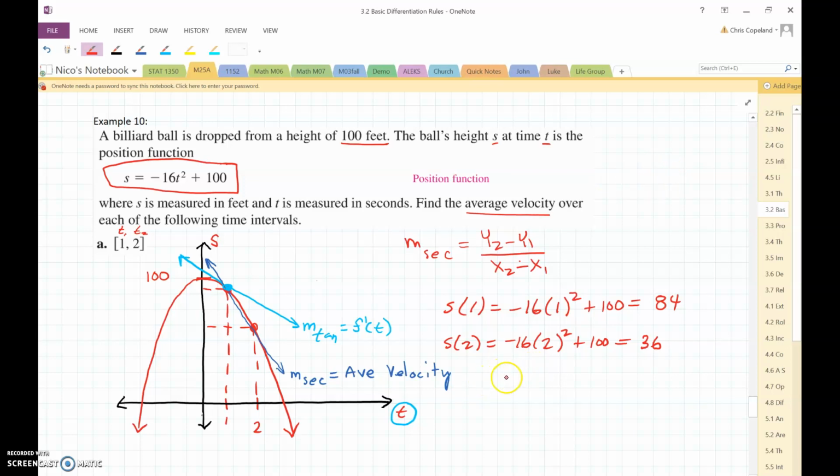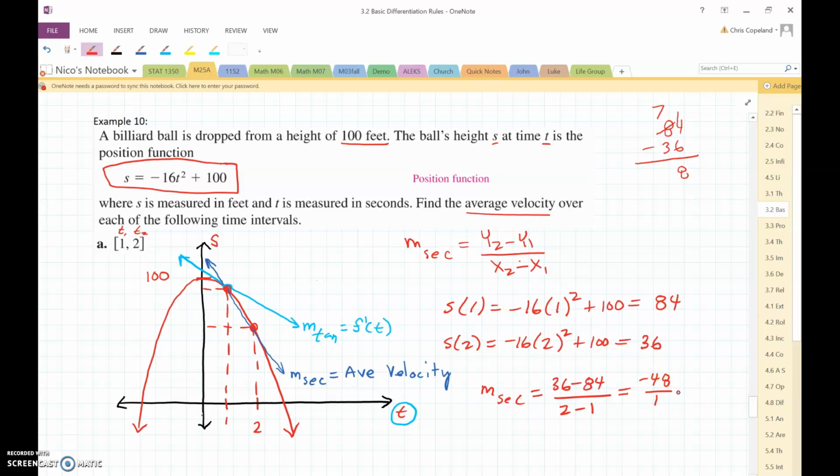So now we're going to find the slope of the secant line. We're going to do 36 minus 84 all over 2 minus 1. So this will be negative 48 over 1.